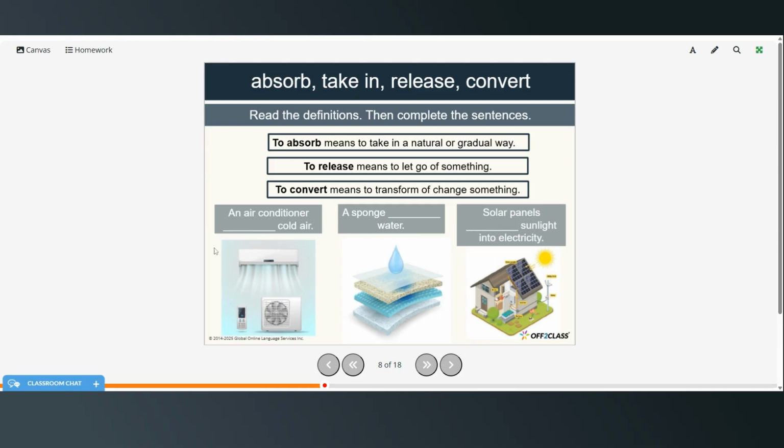So an air conditioner releases cold air. A sponge absorbs water. And solar panels convert sunlight into electricity.